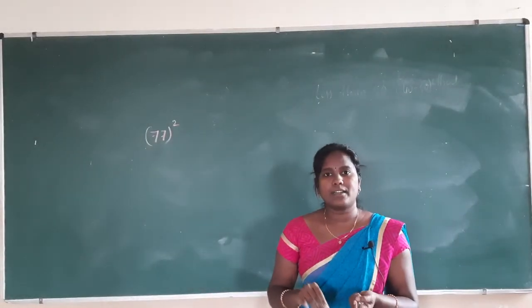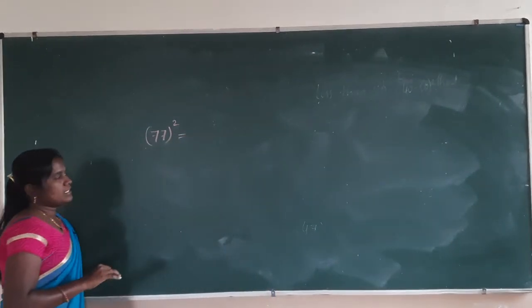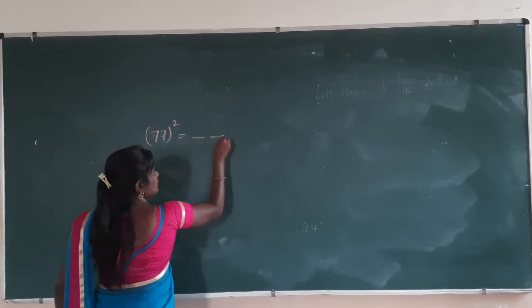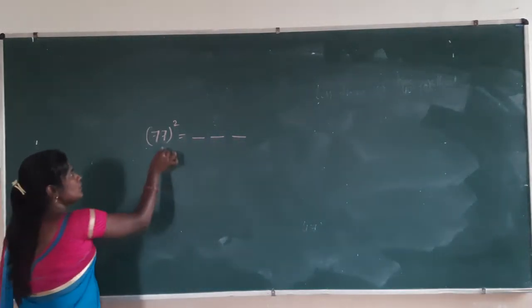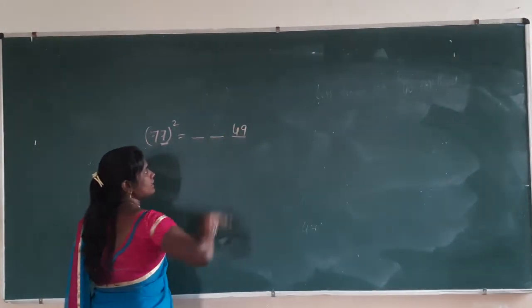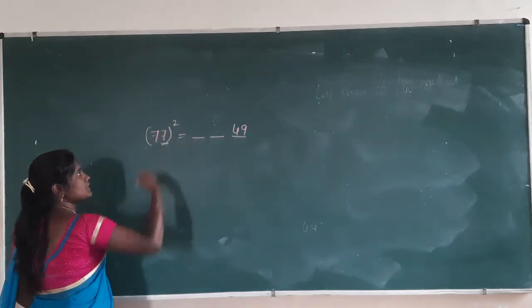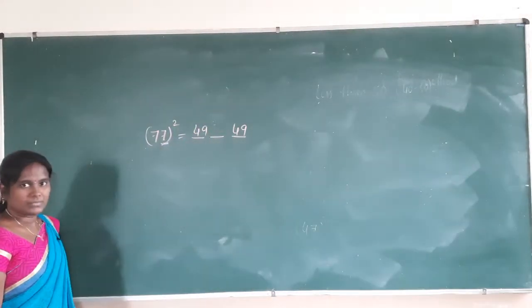See, whichever number you consider, just write 3 dashes. What is 7 square? 7 square is 49. Write that 49 here.